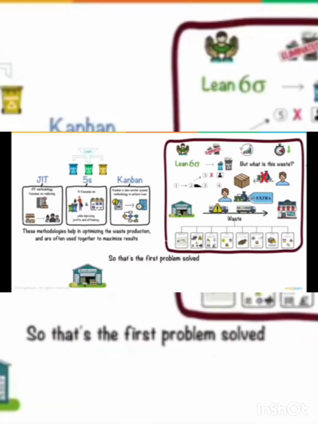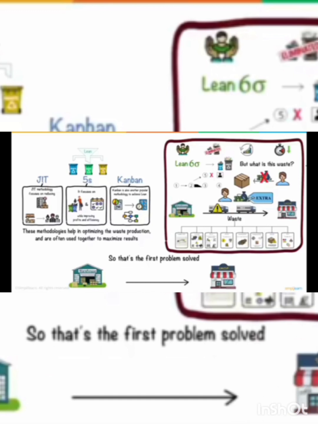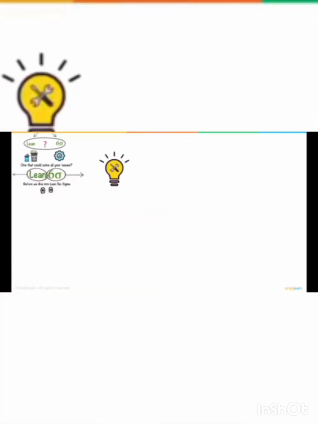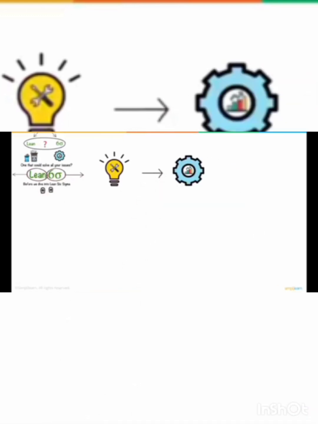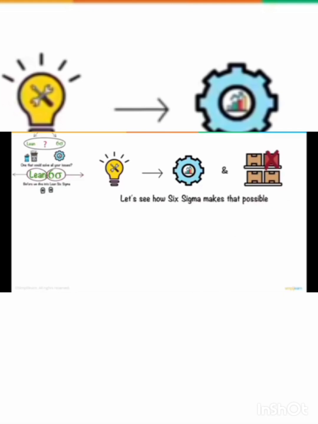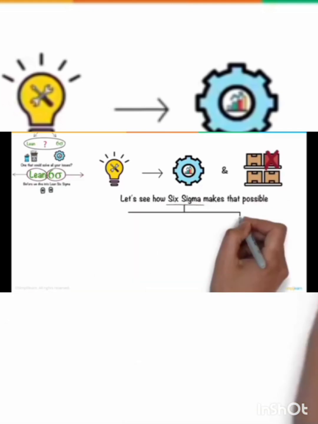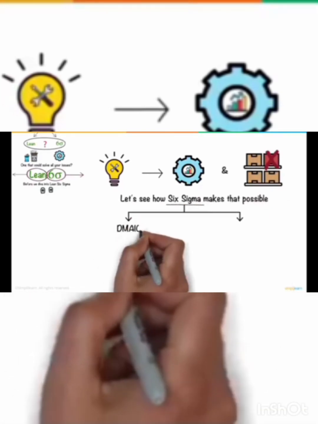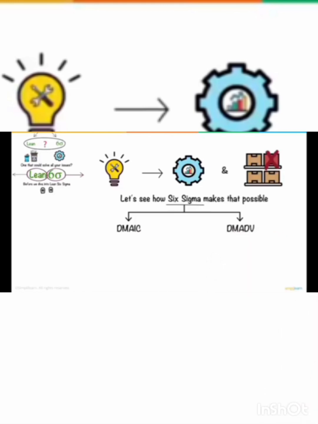That's the first problem solved. So let's have a look at what you can improve in the supermarket supply chain efficiency. For that, let's look at the other part of Lean Six Sigma. Six Sigma is a set of tools and techniques used for process improvement and removing defects.